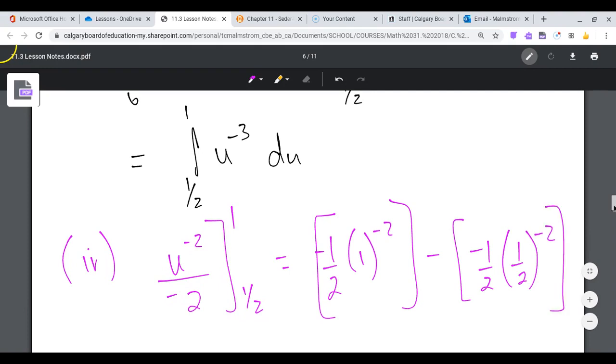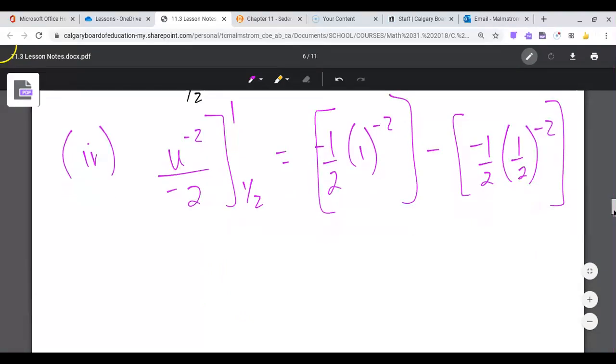And what do we get when we put that in? So 1 to the power of anything is just 1. So this is -1/2. Two negatives are going to make this become a positive. That is 1/2 times 4, because you would flip that. And so what's -1/2 plus 4 on 2? We should get that that is equal to 3/2.